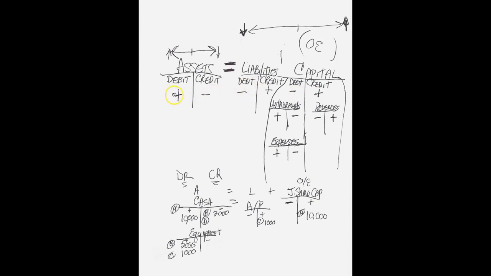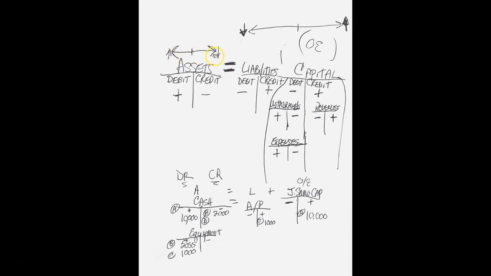So your rules are, on the left side, you debit assets to increase, credit them to decrease. With that arrow moving to the left, representing the left side of the equation, you can see the arrow up.